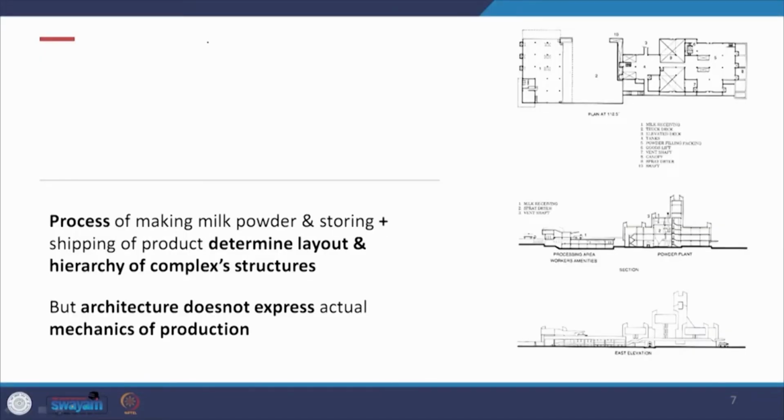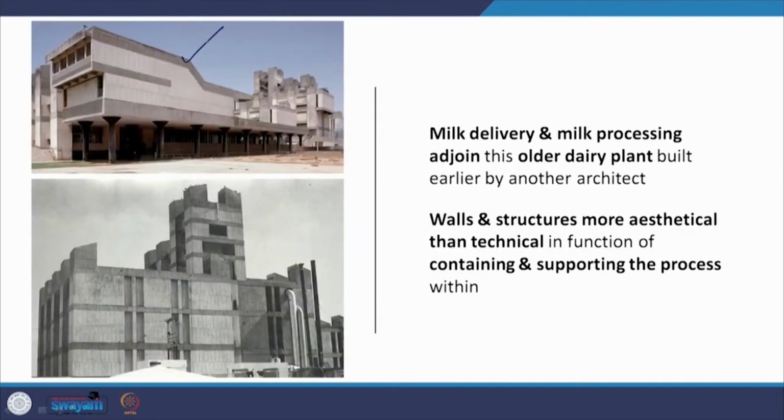Now, coming back to this building, the process of making milk powder and storing and the shipping of the product determined the layout and hierarchy of the complex's structures. But architecture does not express the actual mechanics of production. Going back to this point again, the walls and structures are more aesthetic than technical.